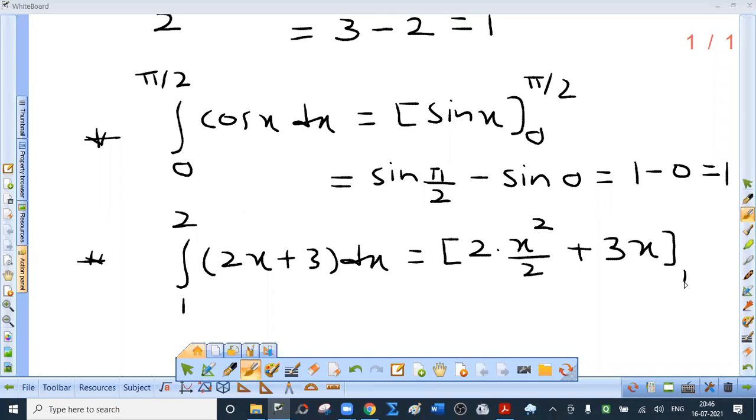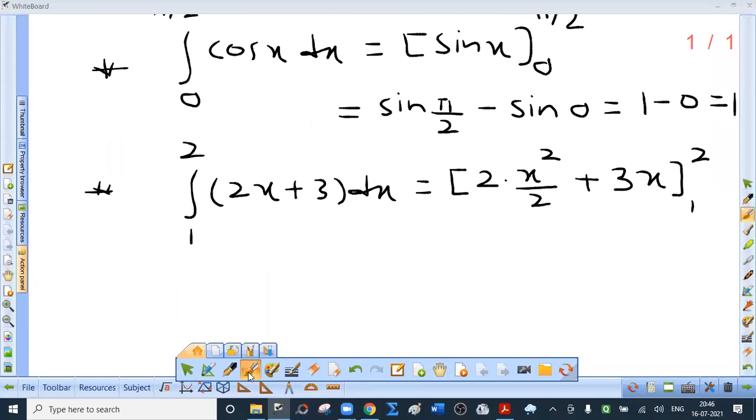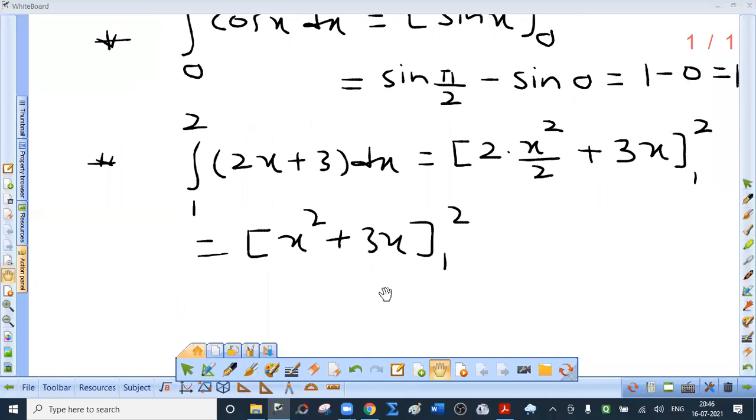Bracket, lower limit 1, upper limit 2. Now I simplify this. 2 gets cancelled. So it is x squared plus 3x, lower limit 1, upper limit 2. Now you have to be careful. First we put x equal to 2, the upper limit. So it is 2 squared plus 3 into 2, minus, use brackets, now I put x equal to the lower limit, which is 1.